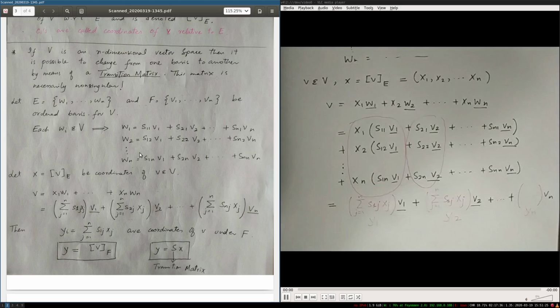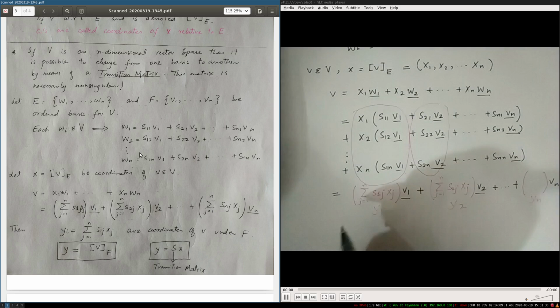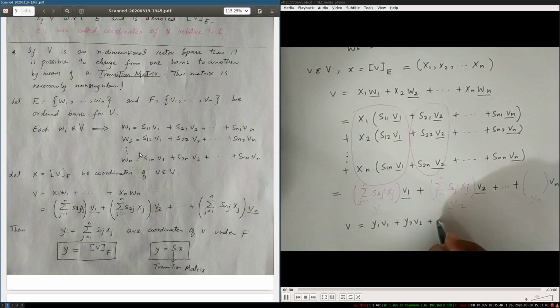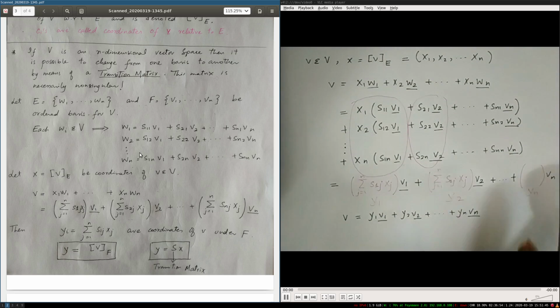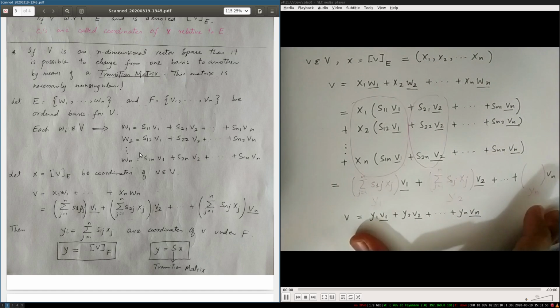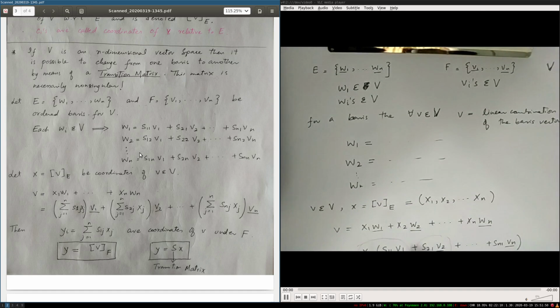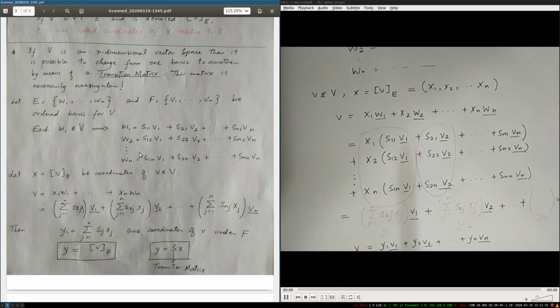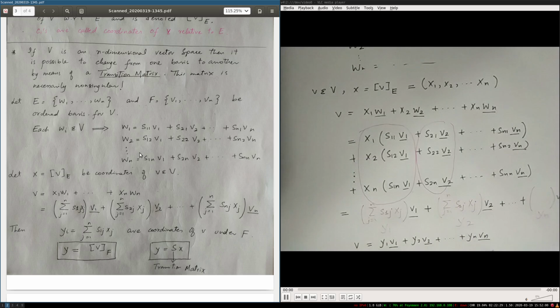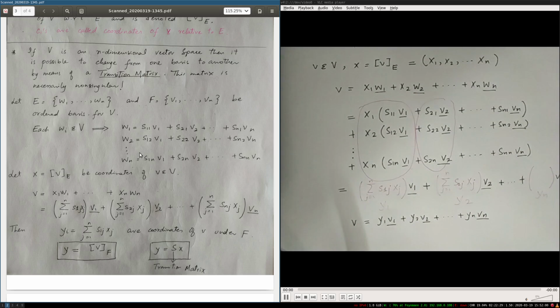Then what I've done is I have v as y1 v1 plus y2 v2 up until yn vn, where notice that I have switched from coordinate basis w1 to wn to the coordinate basis v1 to vn, this one right here.